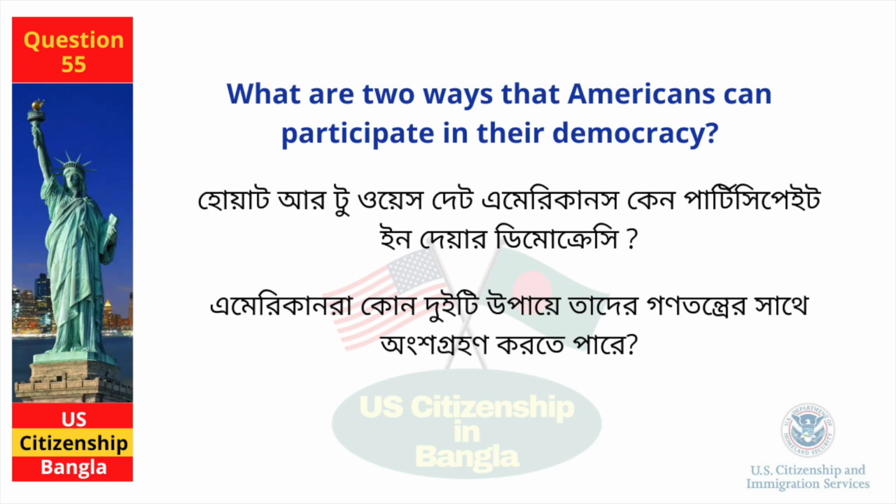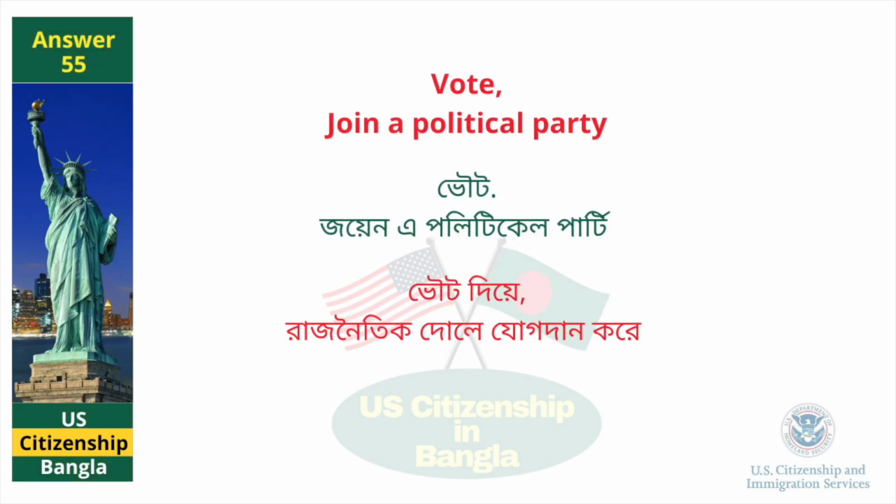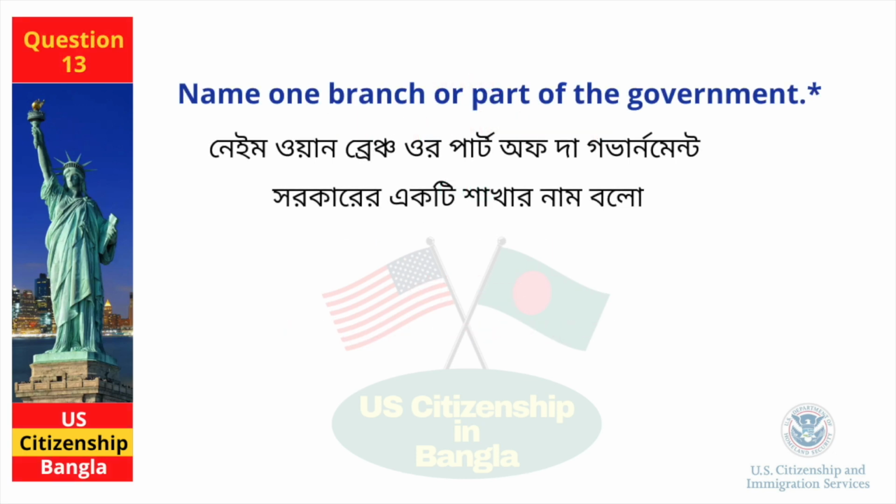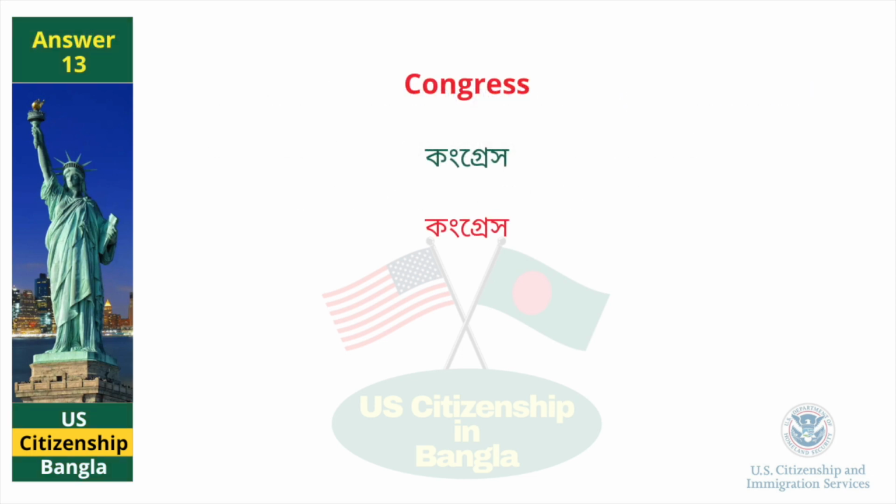What are two ways that Americans can participate in their democracy? Vote, join a political party. Name one branch or part of the government. Congress.